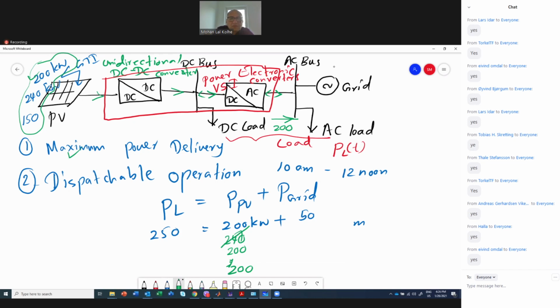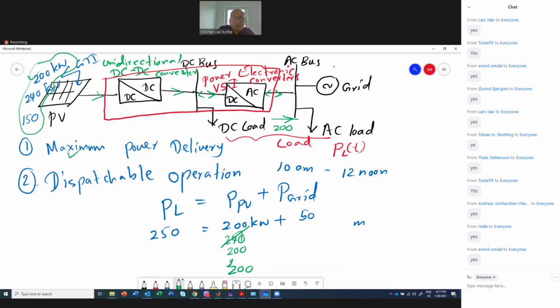When you come to control related things, it is not just easy like HOMER things, so it takes time. That's why we are giving this overview. In another workshop, we will discuss this dispatchable operation.